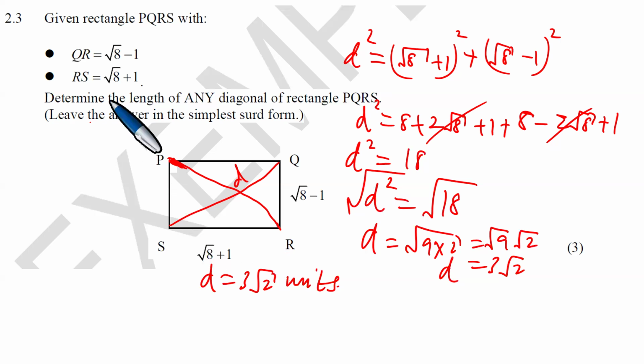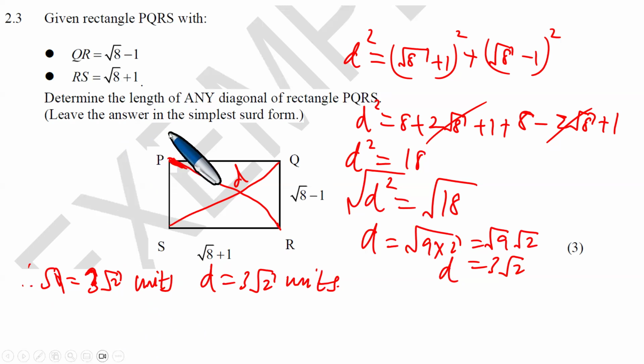At this point, you needed to determine the length of any diagonal. So the diagonal SQ, for instance, is 3 the square root of 2 units. So 3 the square root of 2 units is the length of any diagonal of the shape. We're done with that one. But remember, this is a rectangle, so you can tell the examiner opposite sides of a rectangle are equal to each other.